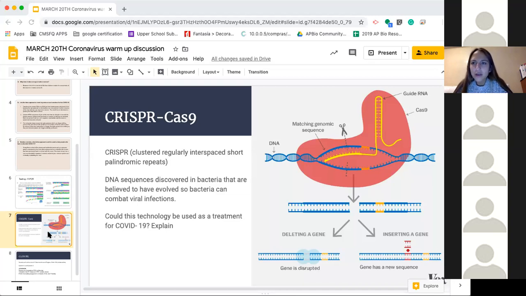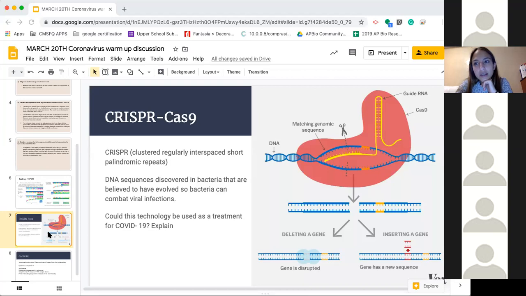Isa, I think you had a question. Yes, I was confused. Why can't we use CRISPR-Cas9 in COVID? COVID-19 is an RNA virus. Okay, so this is particularly made so that it can attach to DNA. And I would never say 100% no, because remember that CRISPR was actually discovered from bacteria.